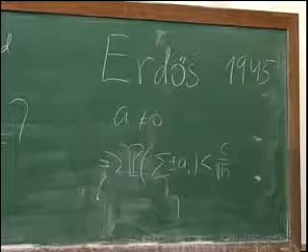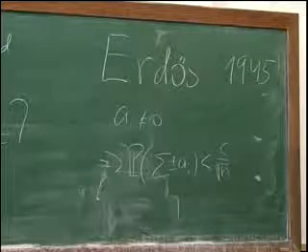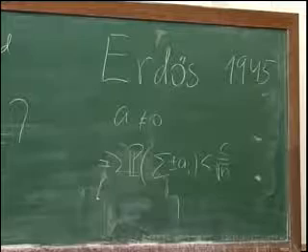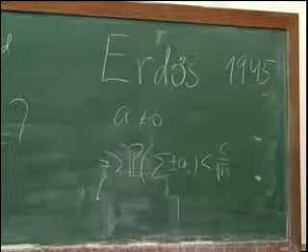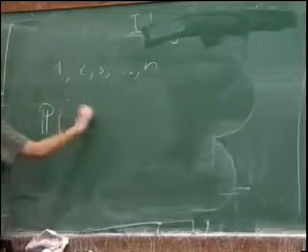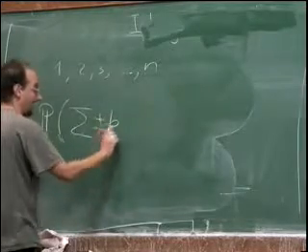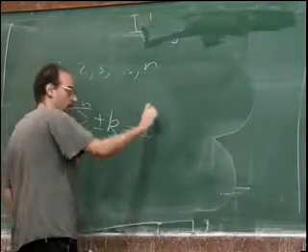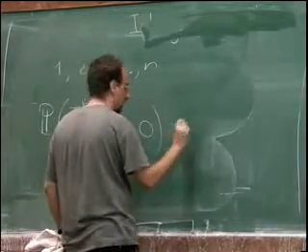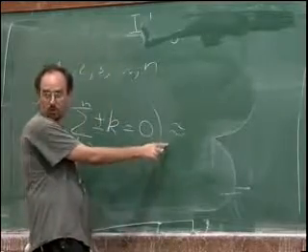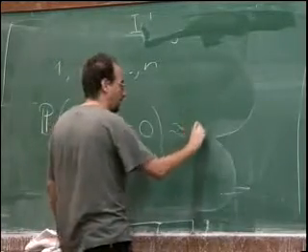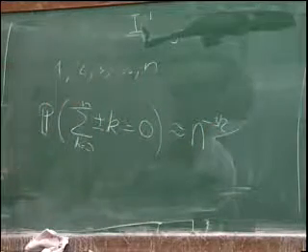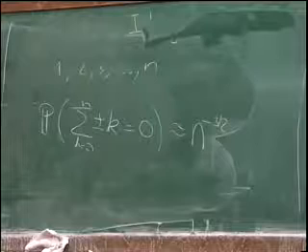Okay, so the other natural example to keep in mind is just the numbers 1, 2, up to n. When you ask what is the probability that the sum of plus or minus k is equal to 0, then this is approximately, up to constants, n to the minus 3/2. So it's an important example to keep in mind.